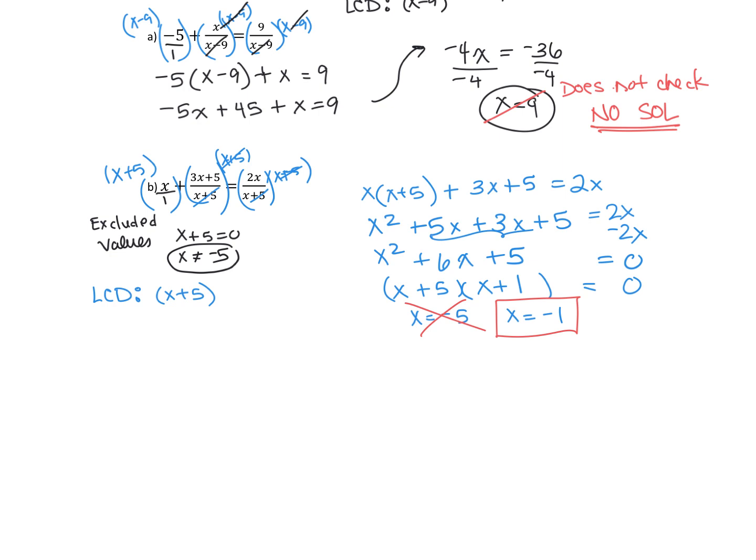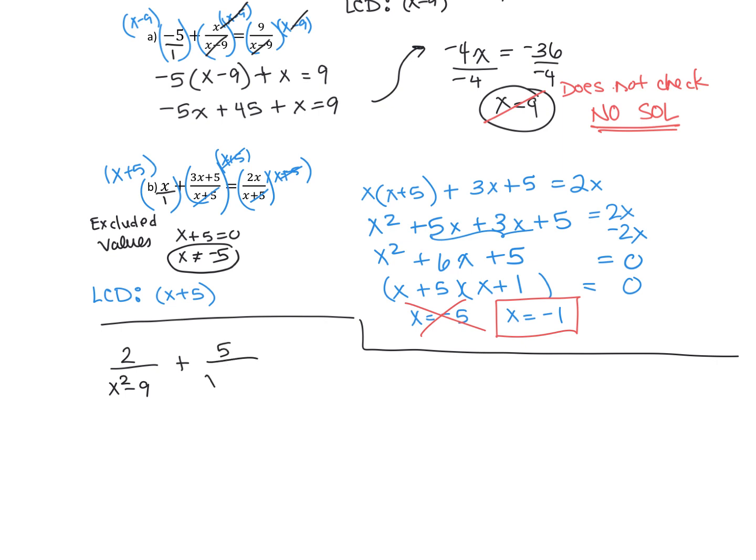I'm going to add just one more example here because the question about the least common denominator comes up quite often. So let's assume we have 2 over x squared minus 9 plus 5 over x squared plus 6x plus 9 equals 3 over x squared minus 9.